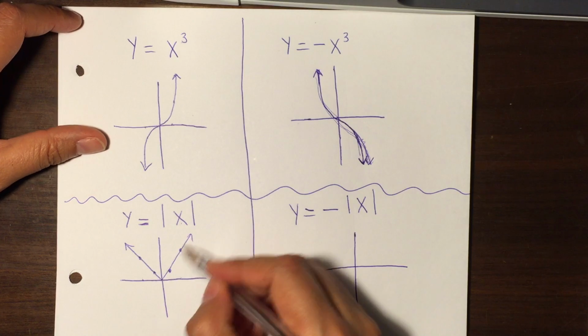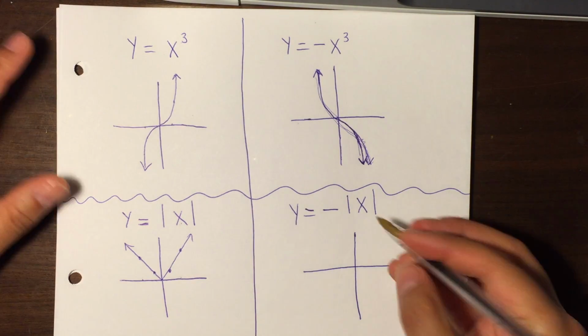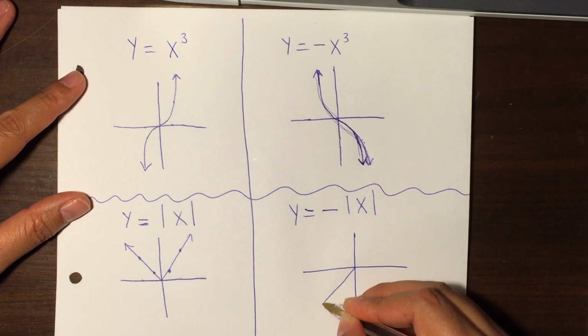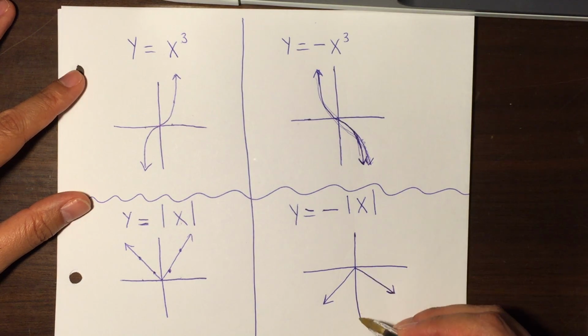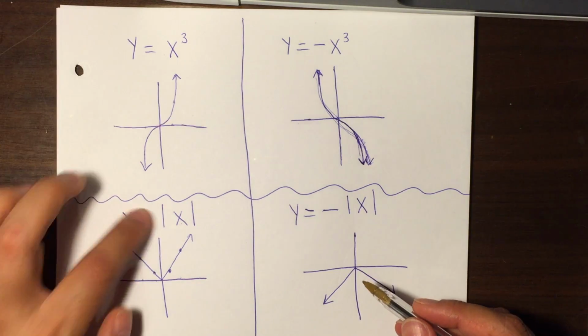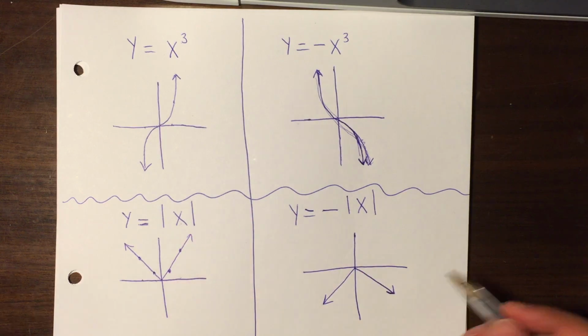So basically you have a V opening up. But then if you have the negative, then your shape is going to go down. It's like an upside down V. Okay, positivo, una V para arriba. Negativo, una V para abajo. Okay.